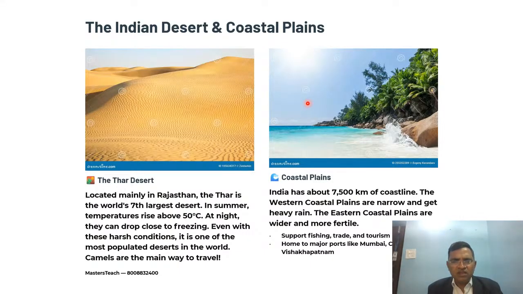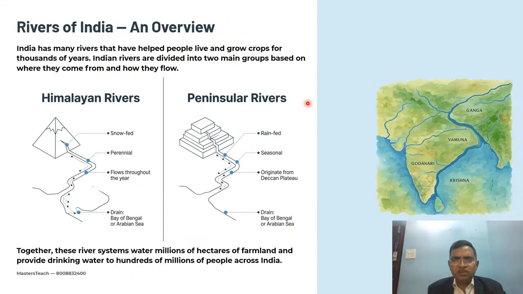These coastal plains support fishing, trade, and tourism. On the coastline, major cities like Mumbai, Chennai, and Vishakhapatnam have a lot of fishing and trading, and they are tourism spots also. So this is about the Indian deserts and coastal plains.